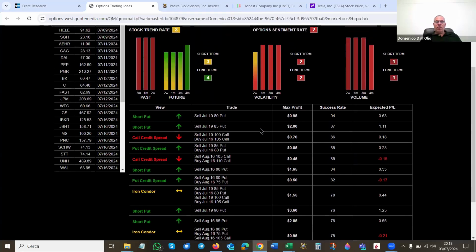First of all, I am not very fond of iron condors on stocks that are about to release earnings, because in my experience it is very hard, very rare to not be hit on at least one of the two sides. When earnings announcements come into play, there's a strong volatility in the price, and it often happens you get hit at least on one side.